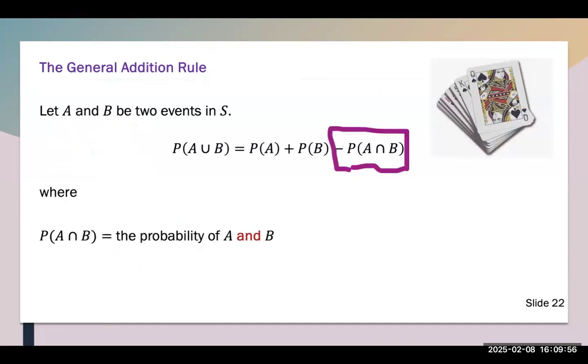So in the past, we had this formula without this piece highlighted or circled in purple. When the sets are mutually exclusive, this probability is equal to 0 and it disappears. So we were playing with an easier version of the rule to get used to the addition rule, and now we're going to make it a little more complicated with this subtraction.